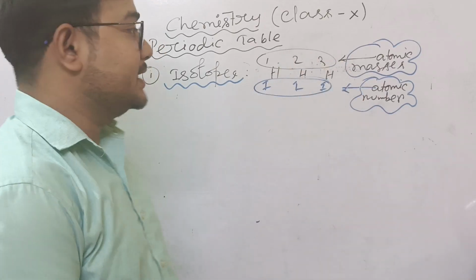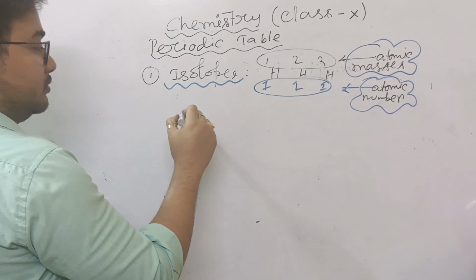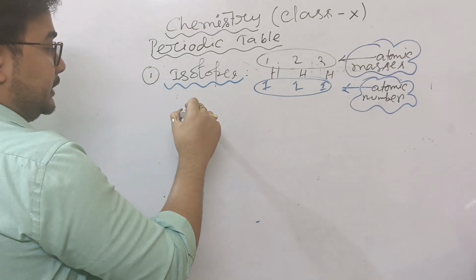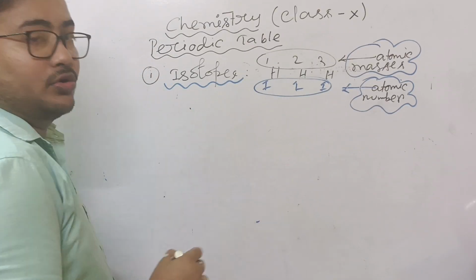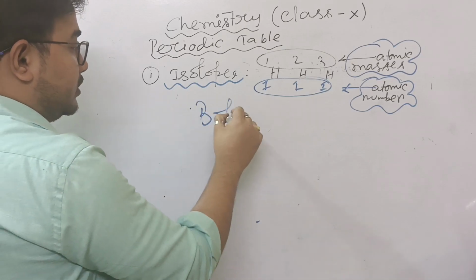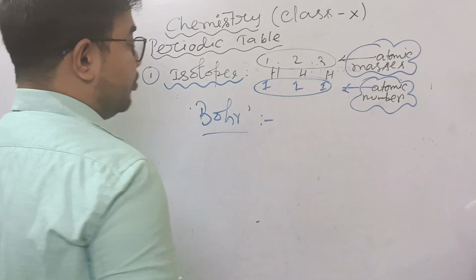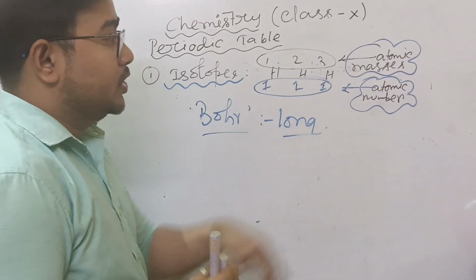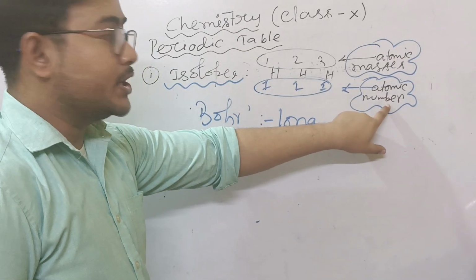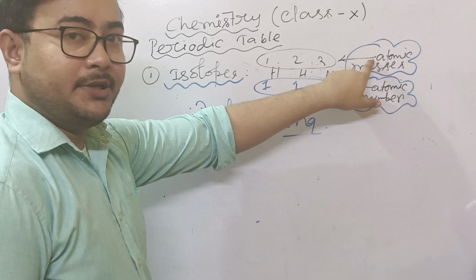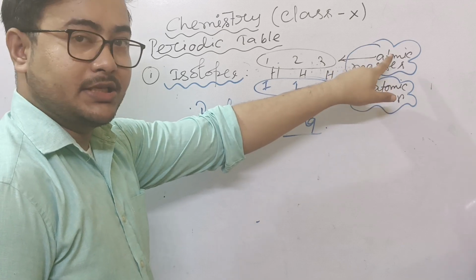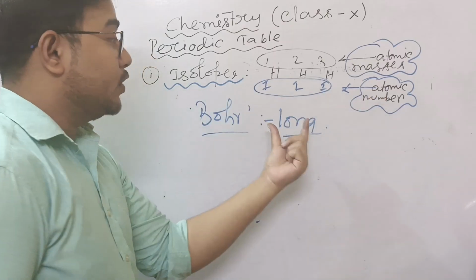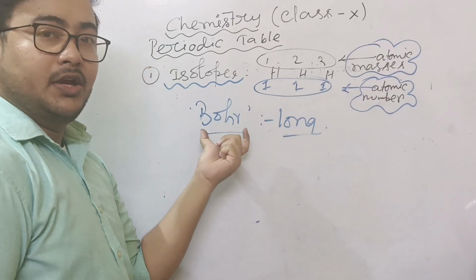And the 5th law, there is no particular law, but the 5th law was given by the scientist Niels Bohr. It is called the long periodic law. So Moseley's law is the modern periodic law. Mendeleev's periodic law is related to atomic masses, the modern periodic law is related to atomic number, and the long periodic law was given by Bohr.